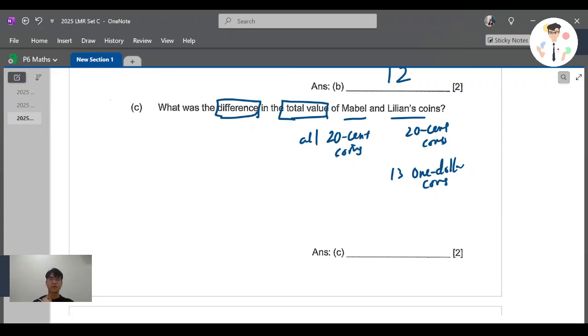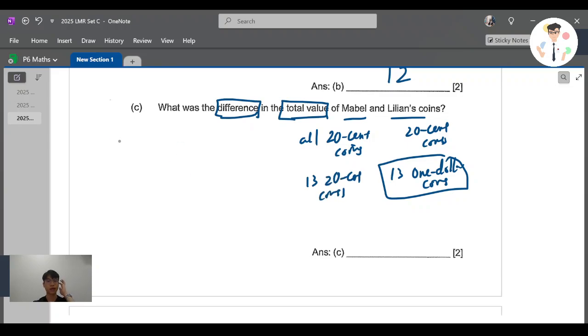If we look carefully, because Mabel and Lillian have the same number of coins, as stated in the first sentence of the question, the only part where there is a difference is these 13 $1 coins. This part will be 13 20-cent coins.